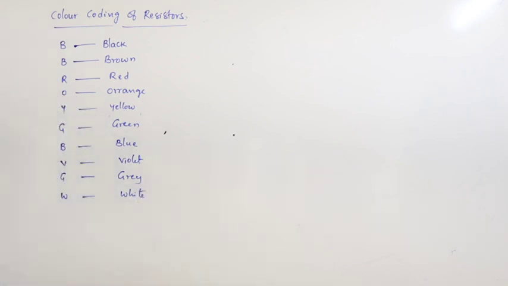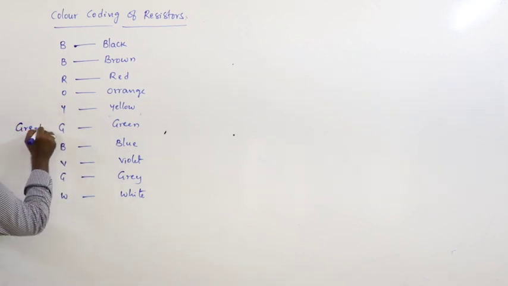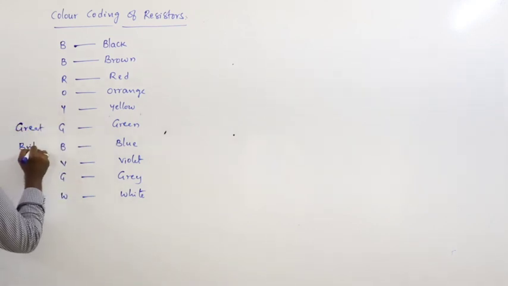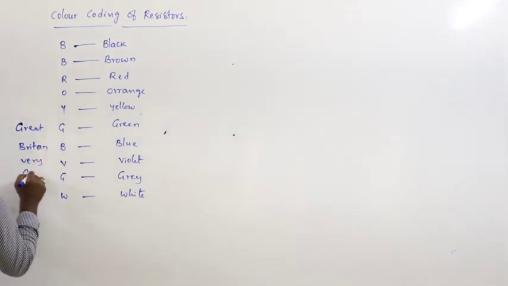These are the colors. So the easy way of memory is B.B. Roy of Great Britain have very good wife.